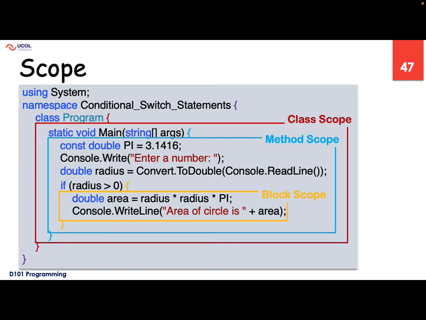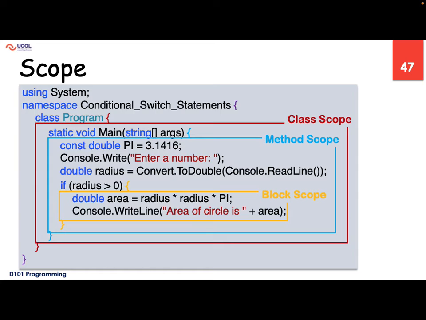Because this internal block, that is the if block, is part of this method block, inside that block yes, you can access the variable double radius and the pi, and that's exactly what we are doing here. We have a radius, multiply by radius, and pi r square, that is the formula for computing the area.